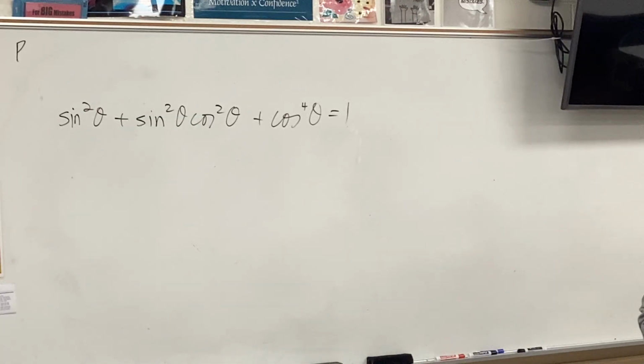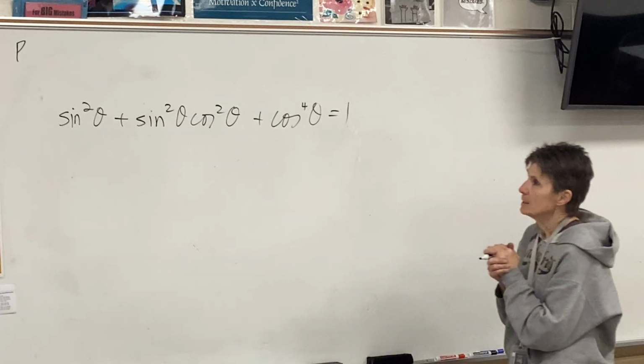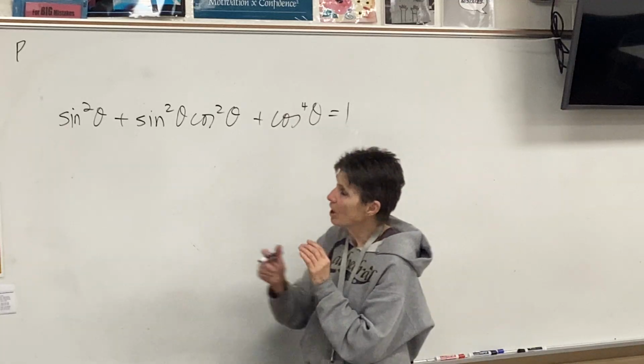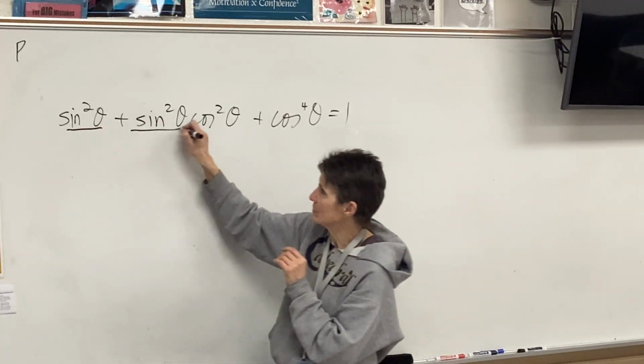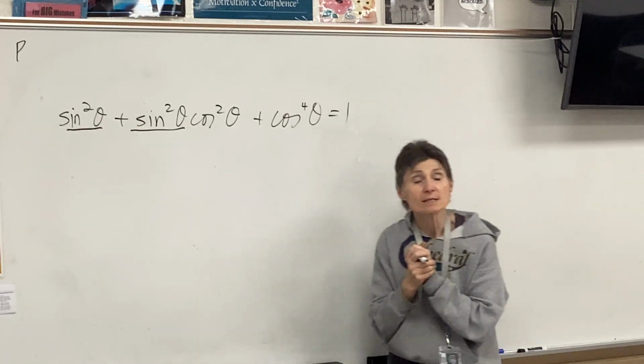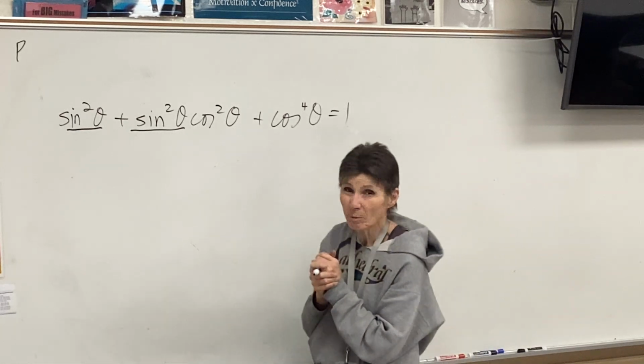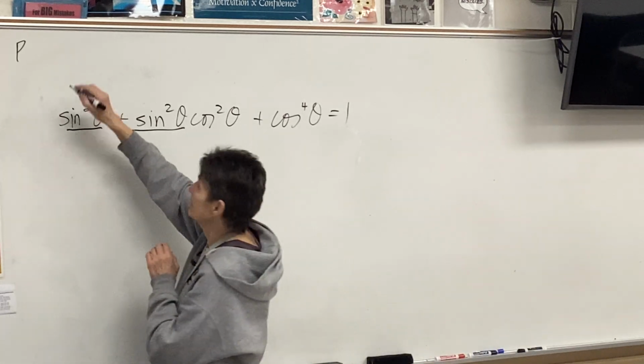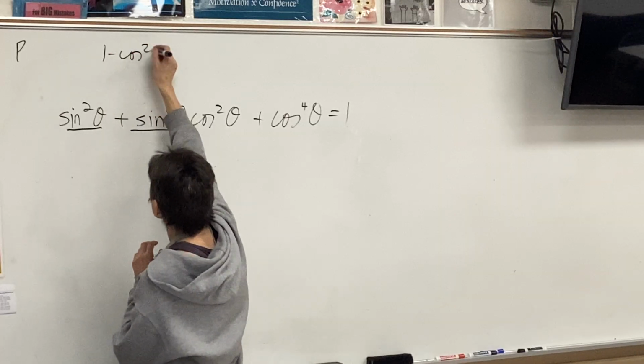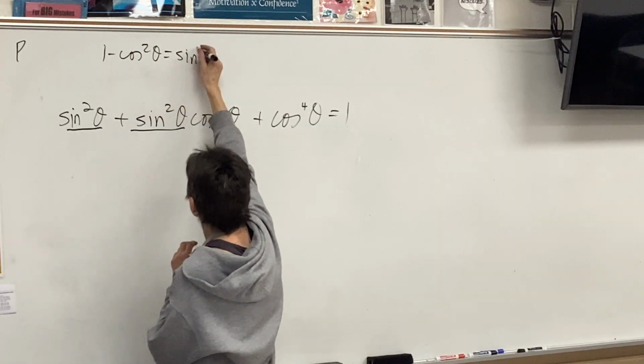I need everything in this problem to cancel out and leave me with 1, right? So how about if we changed our sine squareds into cosines? We can do that because on your paper, you have written that 1 minus cosine squared is sine squared.